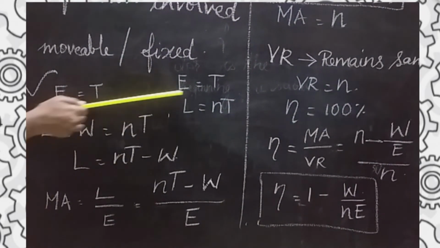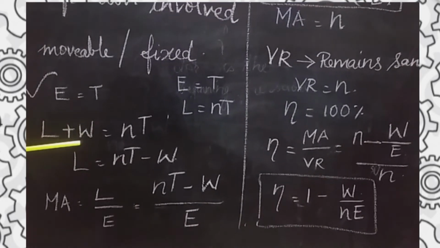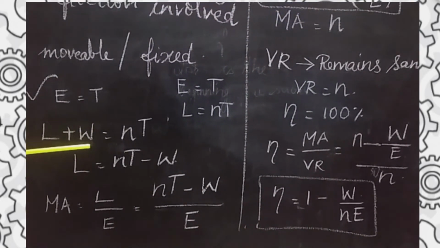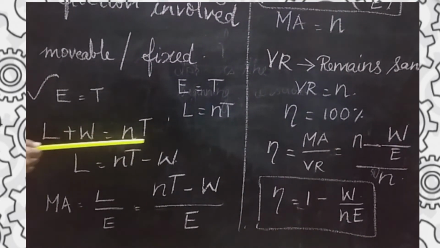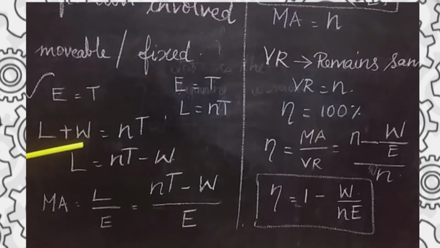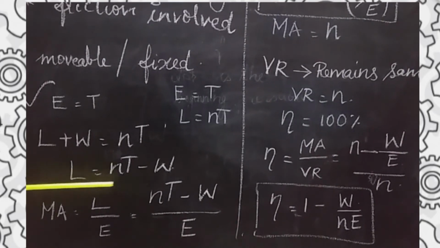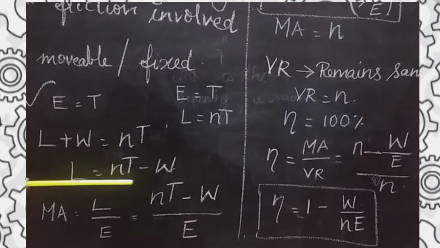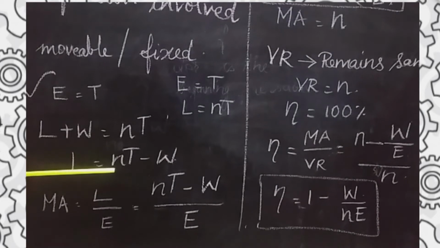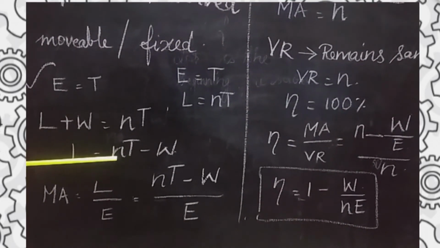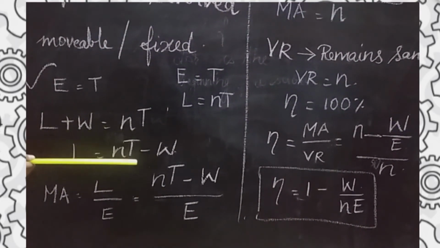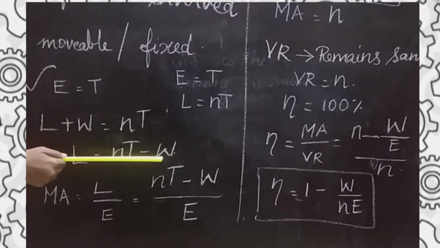Now this L is being combined with the weight of the pulley. So L plus W is equal to NT. What is the value of L? If I take this W to that side, I get a value for load. L is equal to NT minus W. N is the number of tensions involved, or you can call it the number of pulleys, T is the tension and W is the weight of the pulley.